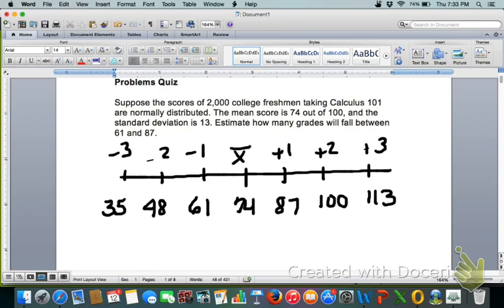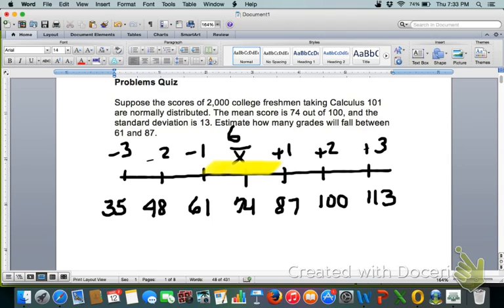Alright, so they're asking us about the grades that are falling between 61 and 87, so I'm just going to highlight that. When I highlight it, I see that it's between plus or minus 1 standard deviation of the mean. And by the empirical rule, that would be 68% of your data.